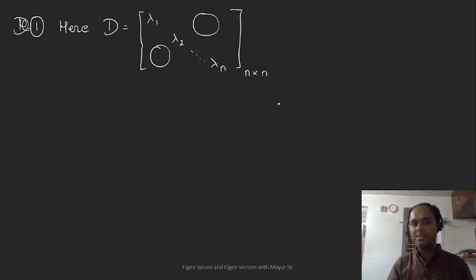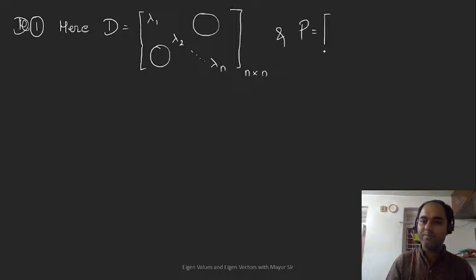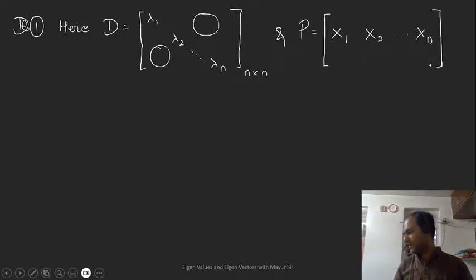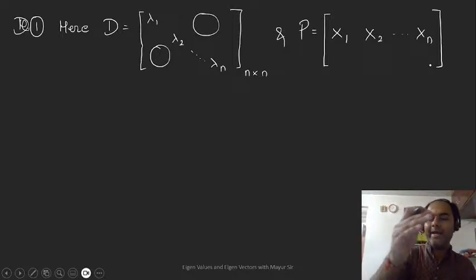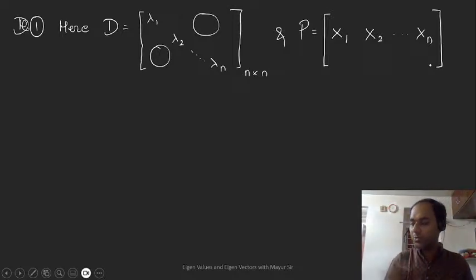And P is a matrix made from the eigenvectors, x1, x2, up to xn. So the columns of P would be the eigenvectors, and the diagonal of D would be the eigenvalues corresponding to the eigenvectors.